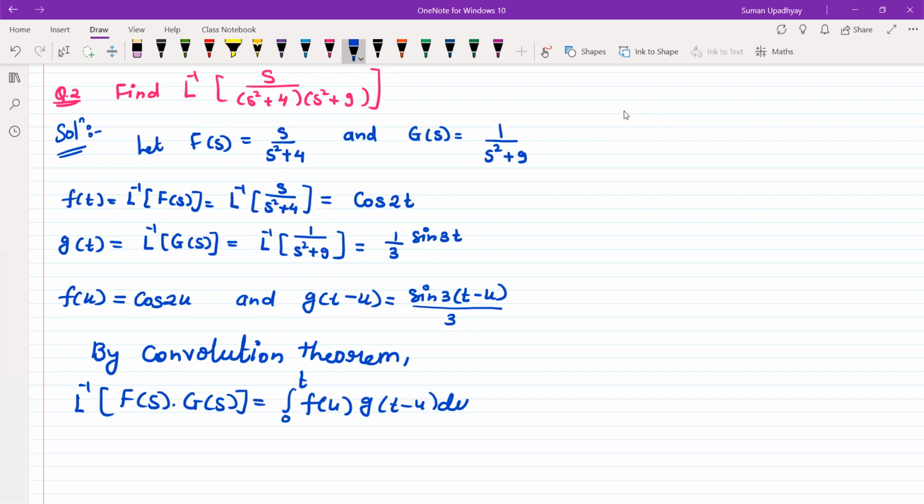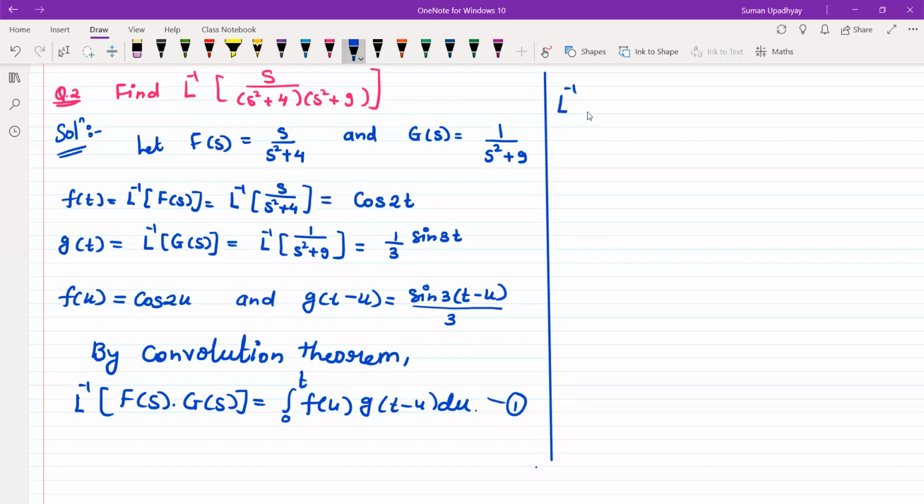This is the formula for the convolution theorem. I'll make it equation number 1, and now put f of u and g of t minus u in equation number 1.